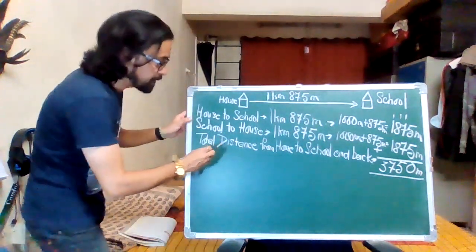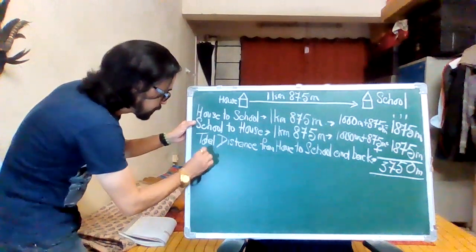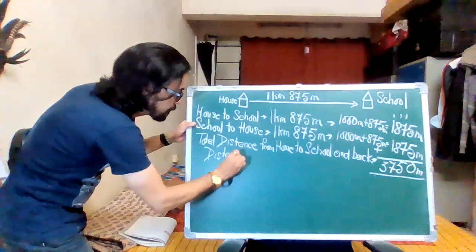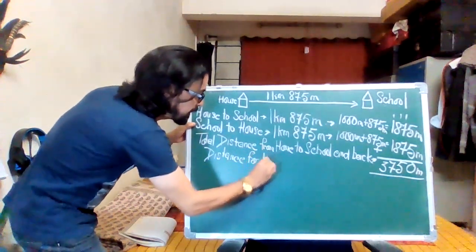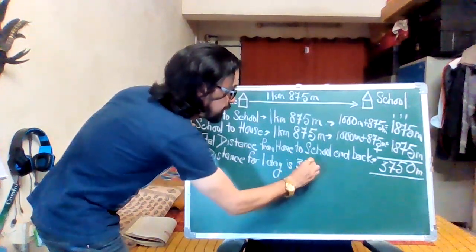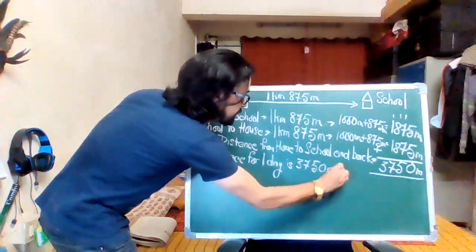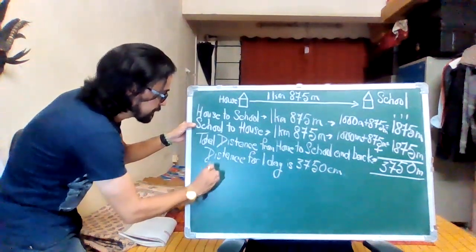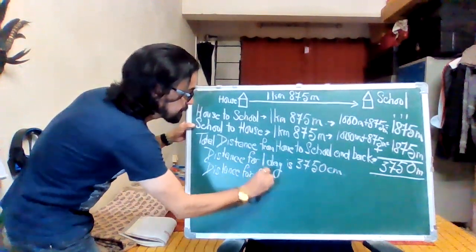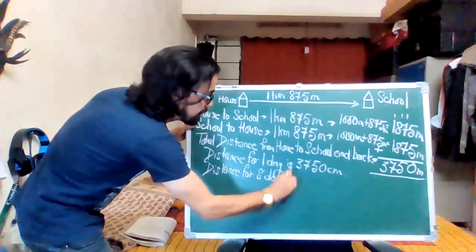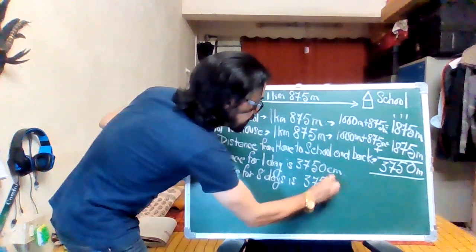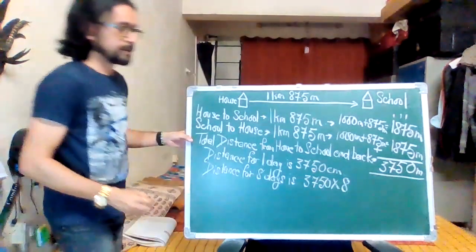So my next statement will be distance for one day is 3,750 centimeters. Distance for 8 days is 3,750 multiplied by 8.